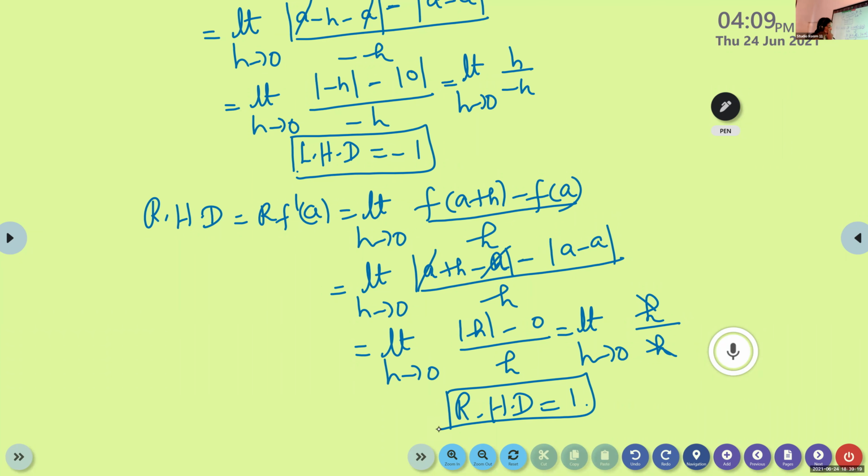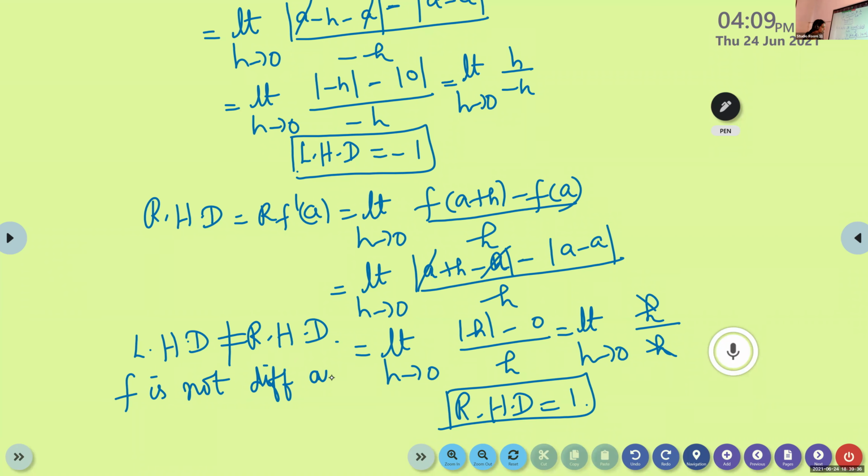So left hand derivative is minus 1, right hand derivative is 1. Therefore, left hand derivative is not equal to right hand derivative. Therefore, f is not differentiable at x is equal to a.